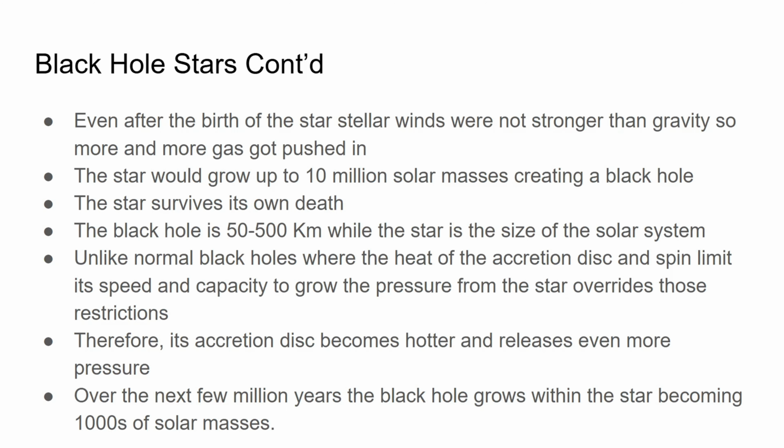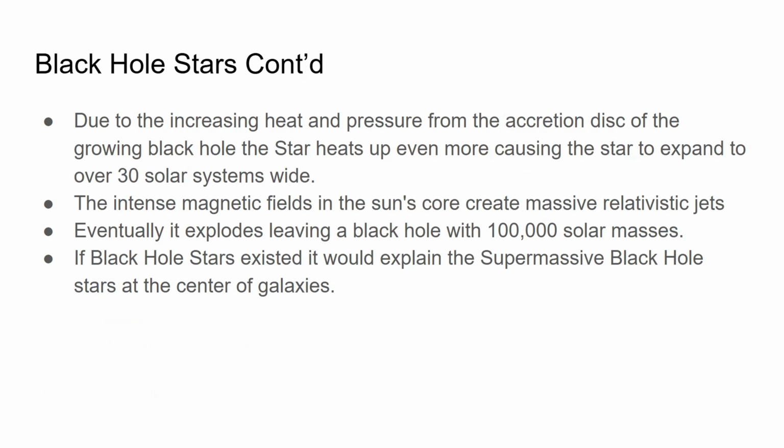Typically, when an accretion disk heats up, it slows down the process by which black holes can gain mass. But due to the gravity and pressure from the star pushing in on itself, it essentially feeds the black hole. So over the next few million years, the black hole will continue to grow and become thousands of solar masses.